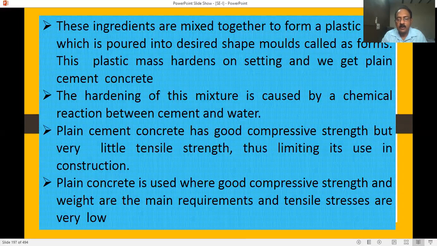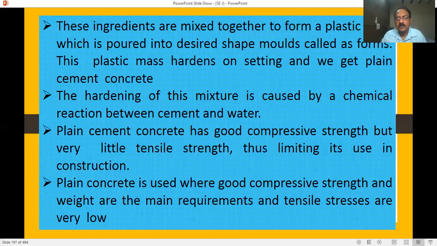That's why you won't use only plain cement concrete. Why? Because failure occurs in the plain cement concrete due to its low tensile strength. See, research is still going on. If you get tensile strength with plain cement concrete, you can go for small spans of 1 feet, 2 feet like that.